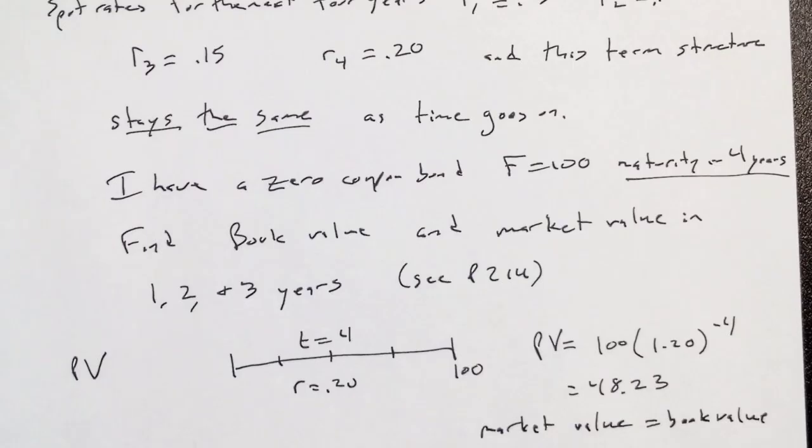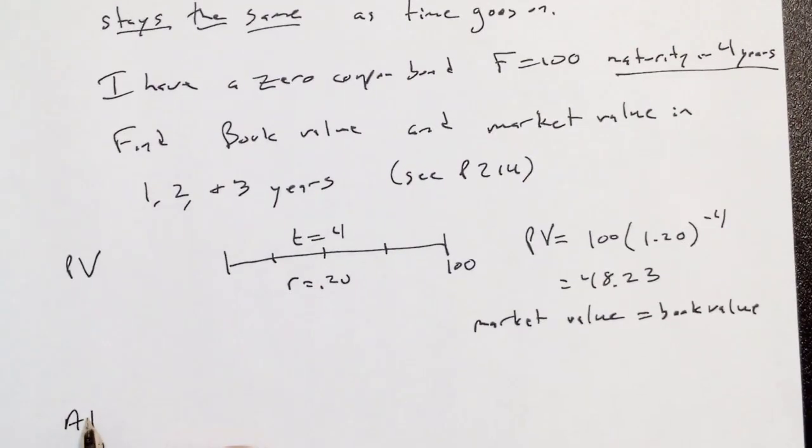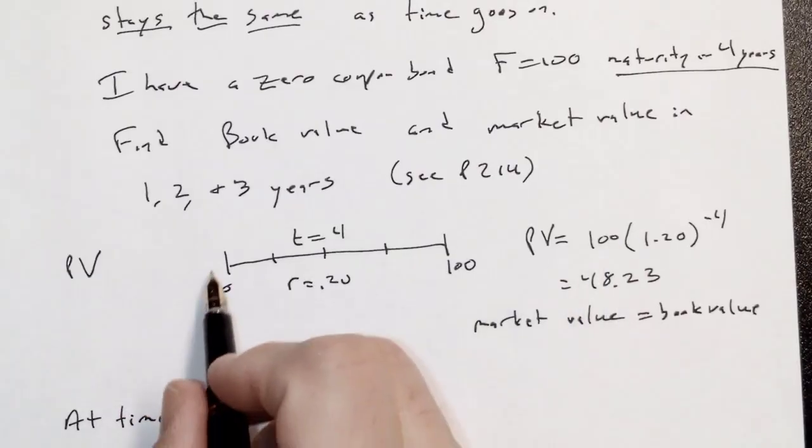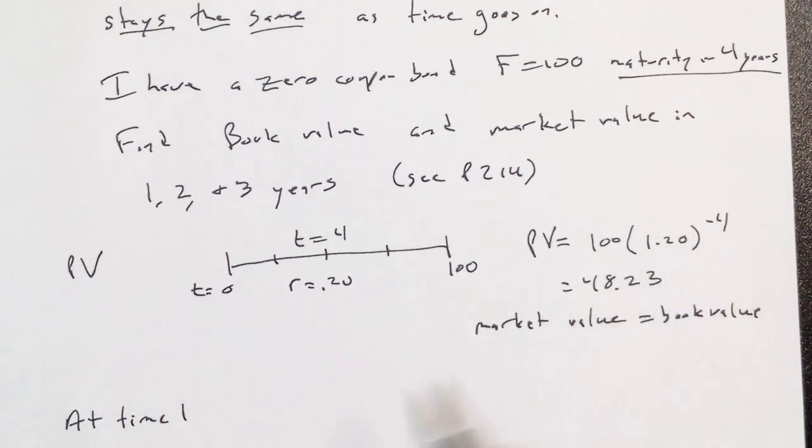But it asks me for the book value and the market value in a year, in 2 years, and in 3 years. All right, well, let's think about this in 1 year. At time 1. Because this was based off of time 0. At time 1, I have 2 different setups.